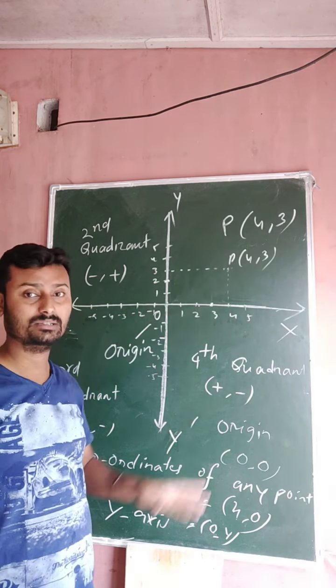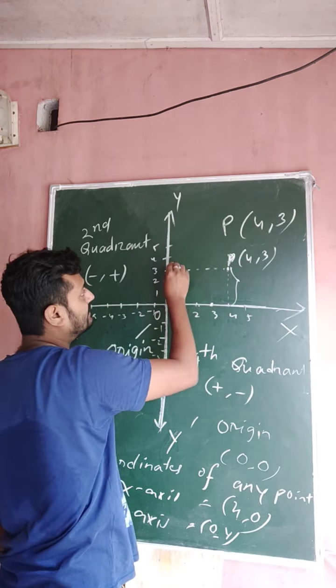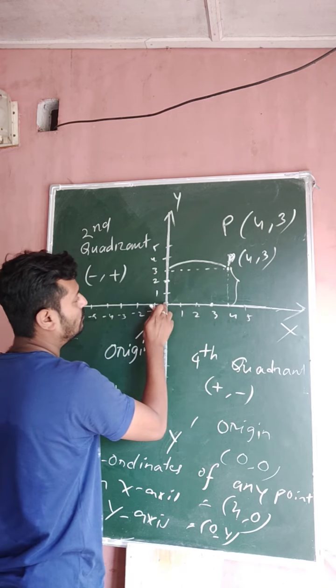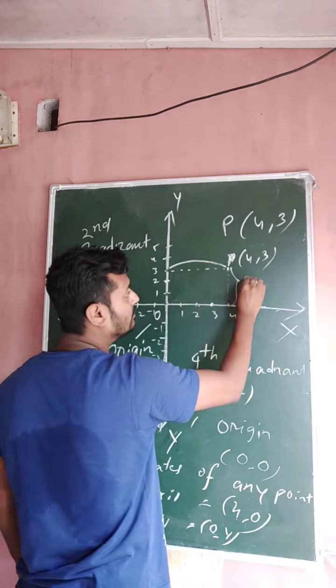The distance of this point from the x-axis will be this part. Similarly, the distance of the point P from the y-axis will be this part. Now look at this one. This part is 1, 2, 3. These are parallel lines, so this value is 3.